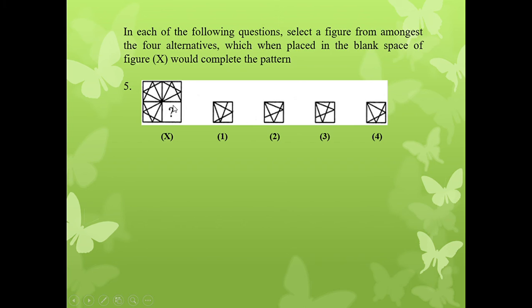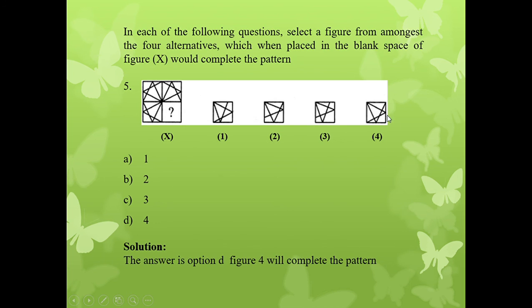A part of the figure, generally a quarter, is left blank. One is then required to select a part out of the four given alternatives which best fits into the blank space of the problem. So in this problem, the answer is option D. Figure 4 will complete the pattern.